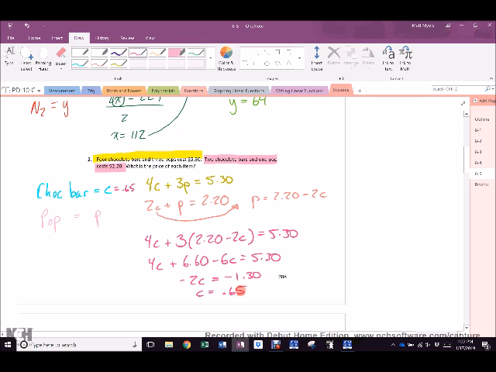Once you know 0.65 is C, if you've done substitution, chances are you've got something right ready to go. P equals 2.20 minus 1.30, because 2 times 65 cents is $1.30, is 90 cents.